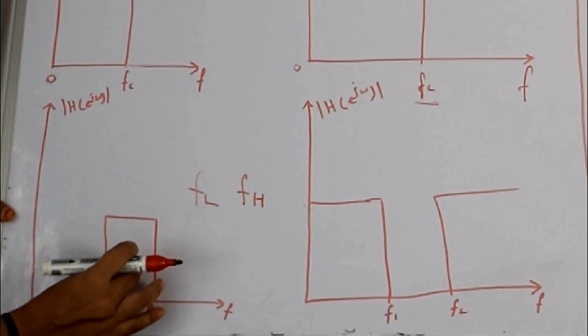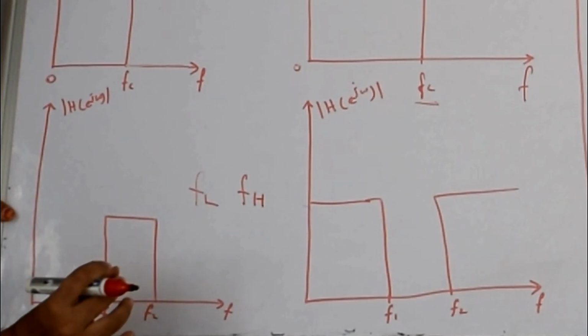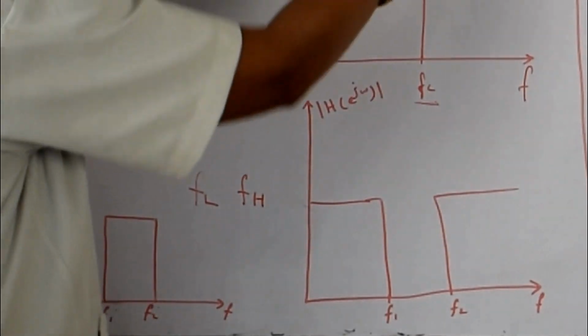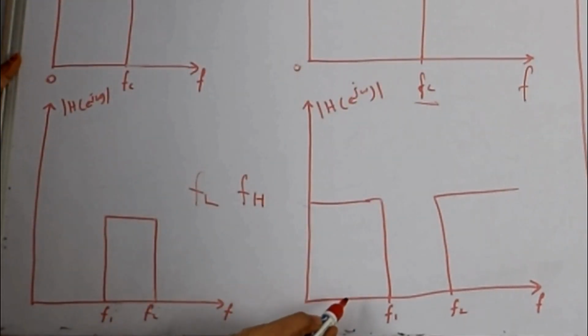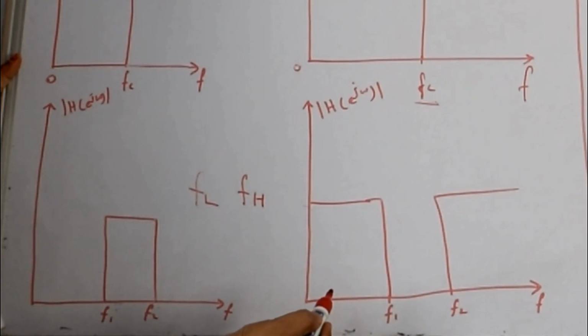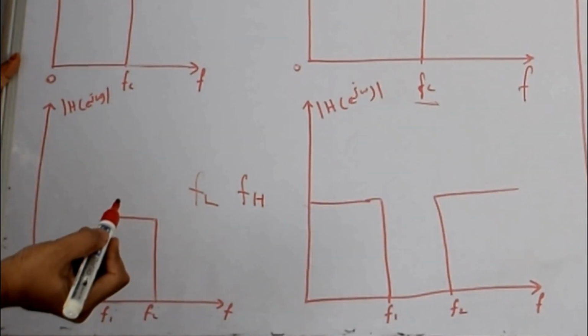So it allows only the frequency range within F1 and F2 and rejects the remaining frequency components from the signal. Next one, band stop filter. Here it rejects the frequency component within F1 to F2 and allows the remaining frequency components of a signal.